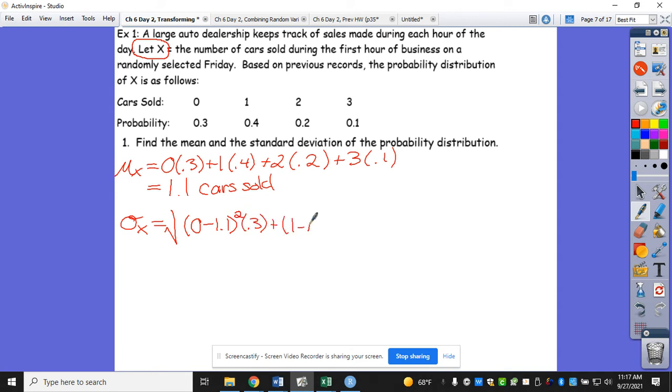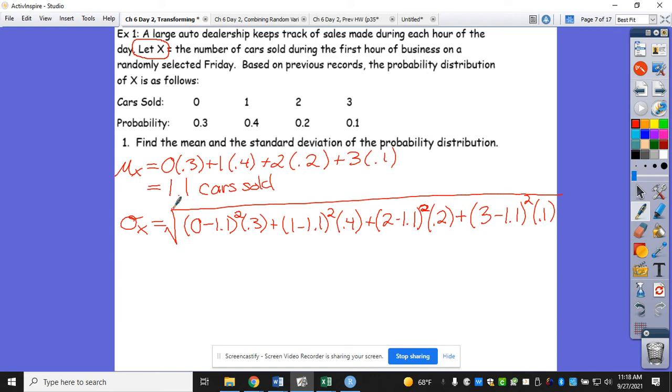So then 1 minus 1.1 squared times 0.4. 2 minus 1.1 squared times 0.2. 3 minus 1.1 squared times 0.1. And so you can write that, since if you're using your calculator, you don't have to go through variance, I'm okay with you doing it that way.